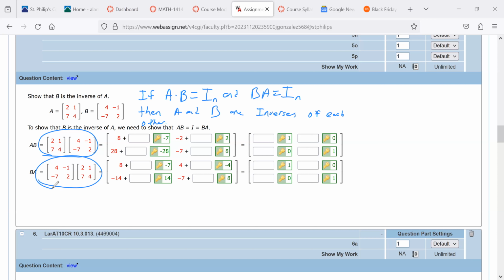So I need to get 1, 0, 0, 1, and then again the same thing. This right here is the identity matrix. So let's try to do it on the calculator real quick.